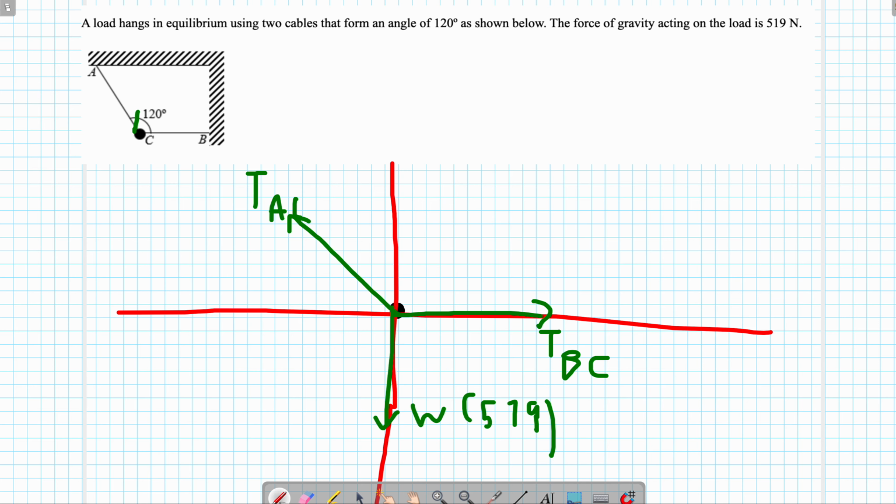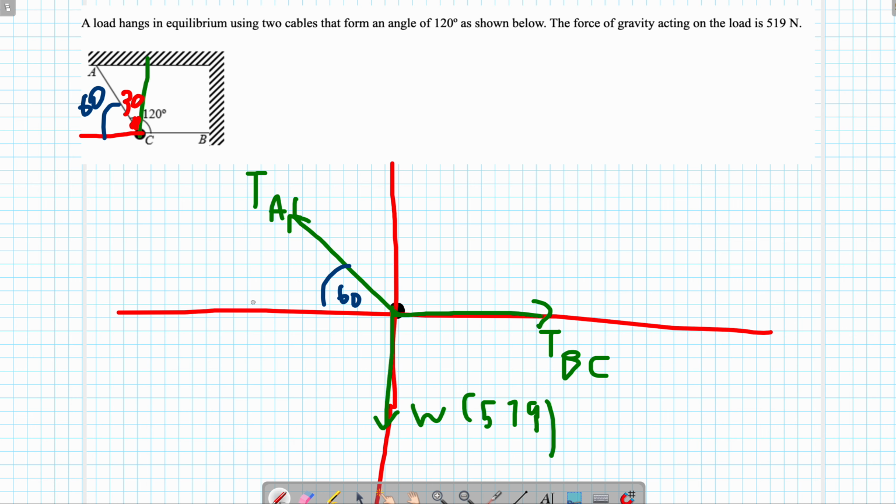So let's draw a perpendicular here. This part will be 30, but we will need it to the x-axis, so this will be 60. I could use both, but I'm gonna use 60 since it's easy.